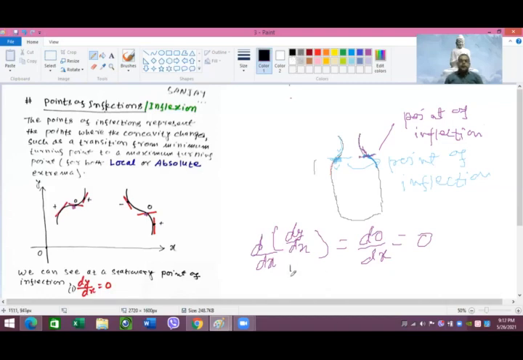This sort of thing you can write as d2y by dx squared. This is not an algebra; this is a notation denoting the second order derivative, and the second order derivative is also 0 when there is a point of inflection.